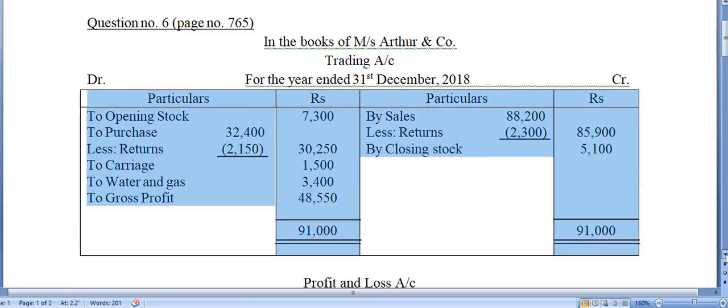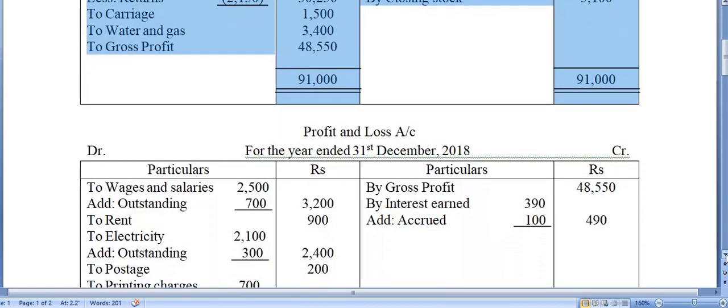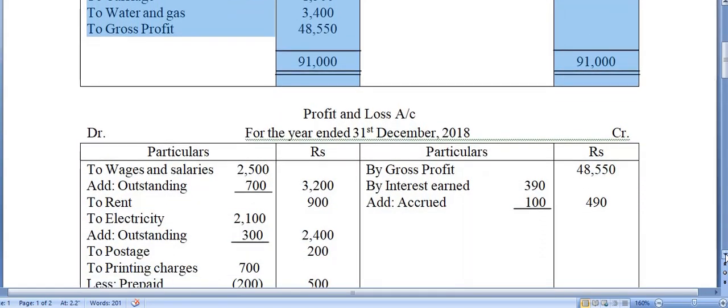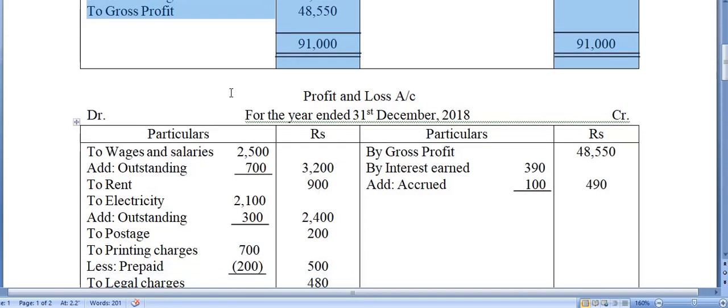Now let us move on to the PL account. The PL account is actually the continuation of the trading account. So you will start from the gross profit. The gross profit is appearing towards the debit side of the trading account, so this gross profit will come out in the credit side of the PL account.